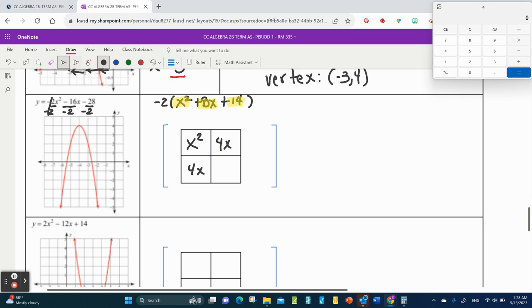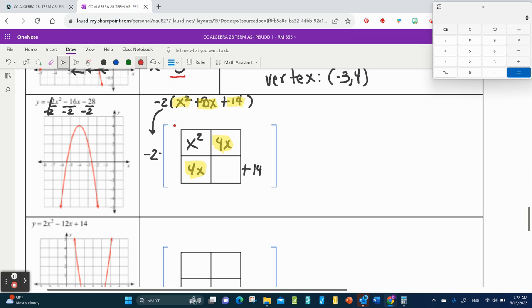I know that if I take 4x and 4x, that gives me the original 8x. And then last but not least, the 14 will purposely be put outside. Not to forget that the negative 2 is going to come here to the front because this is going to multiply everything.